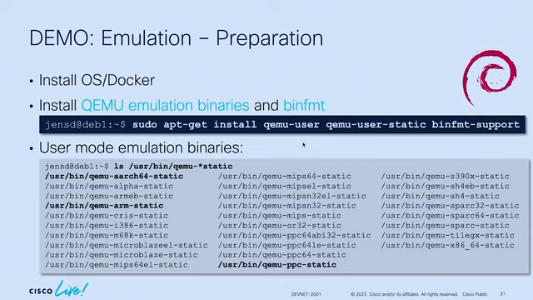Again, a small demo here. In preparation, I installed Docker. I will install those QEMU emulation binaries. Why didn't I prepare that? Well, otherwise I couldn't show you that I couldn't execute that cross-compiled binary, of course. So I installed qemu-user-static and binfmt. Then we will have a look, and you can see there are plenty of architectures which you can emulate. I think the list even got bigger.